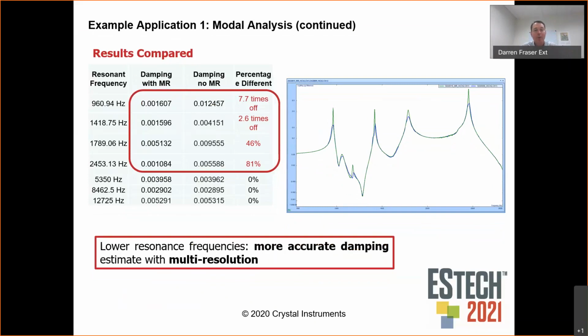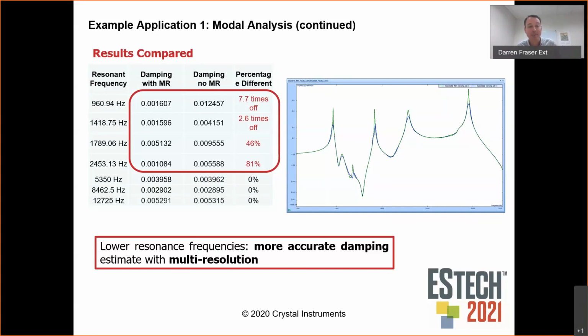And so now I want to jump to the second feature of these two FRFs that we want to compare, and that is the damping. And it should not be a surprise that the damping here is also 7.5 times off on the 960 hertz frequency.